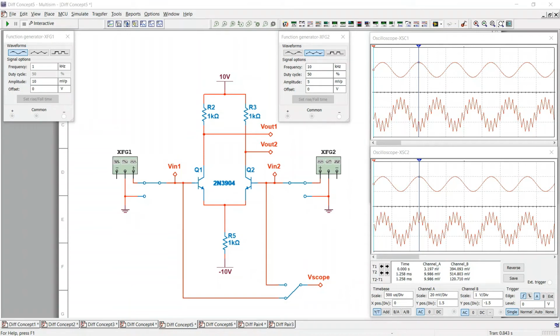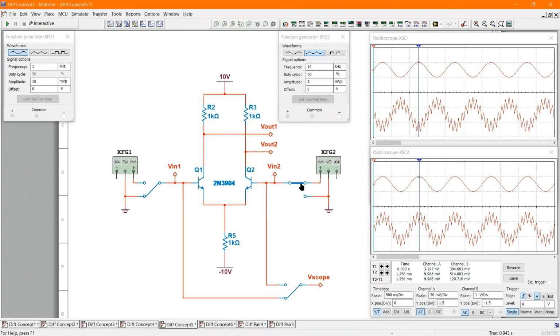I just want to point out a couple of details before we move on to the analysis of the differential amplifier. So we measured the current through R5 here in one of the previous slides, and what we found was that whatever this current was, the DC mode, when we set both inputs to 0, the two transistors split that current equally.